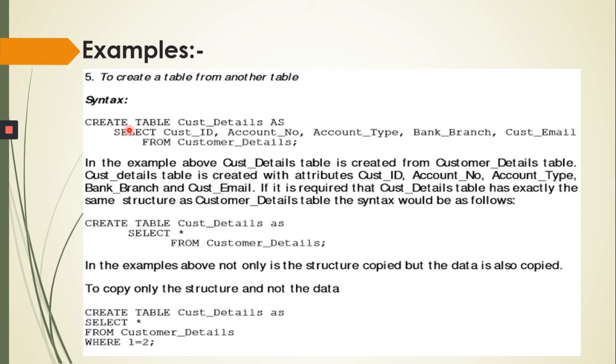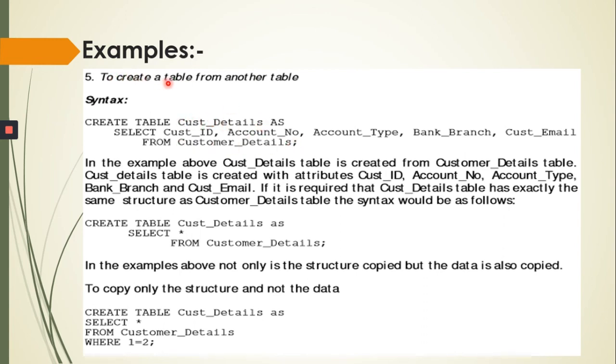So create table cust details as select customer ID, account number, account type, bank branch, customer email address from customer details. These are all columns of which table? Customer details. I am using all these columns of customer details.